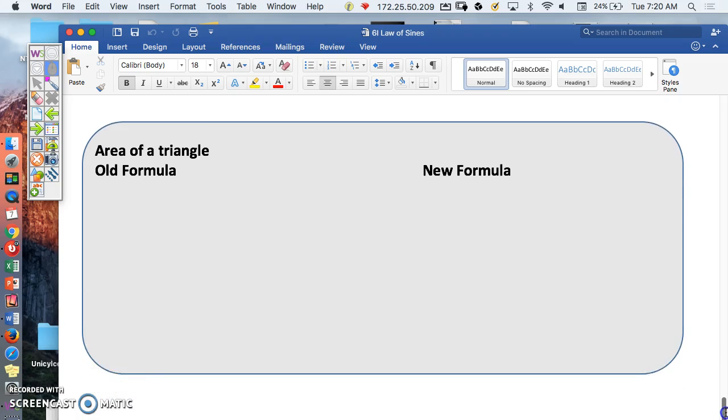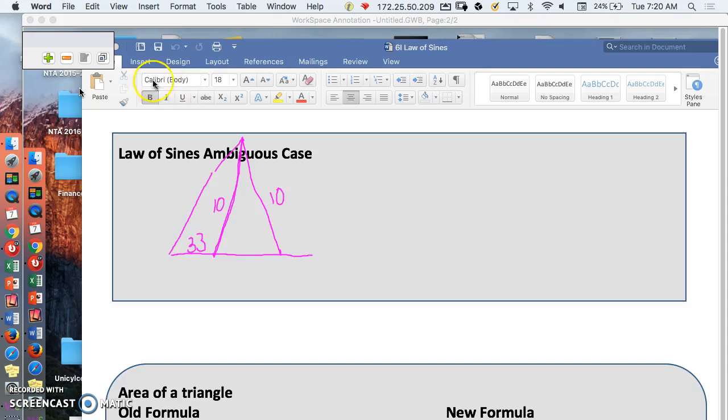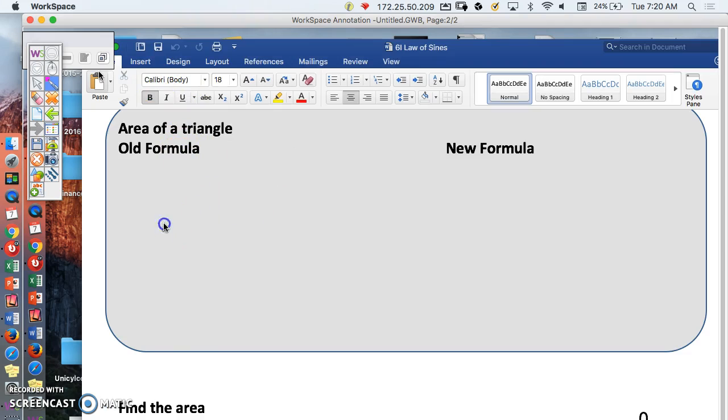So now we're going to talk about the area of a triangle. We know the area of a triangle is base times height divided by 2. But sometimes we might not have that base and height.